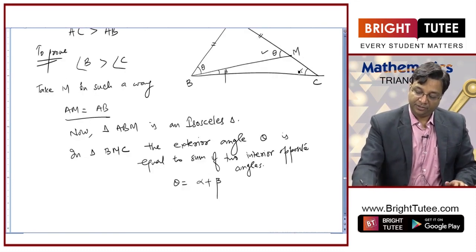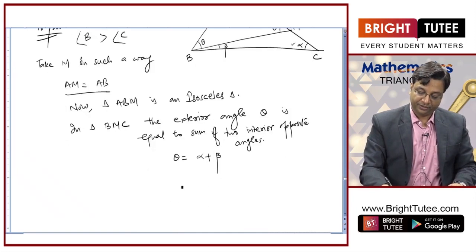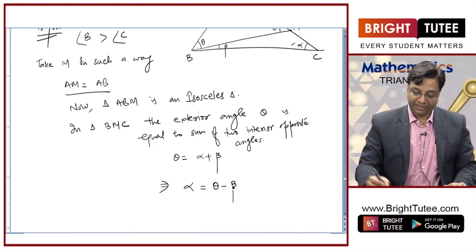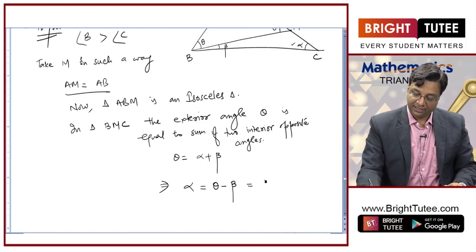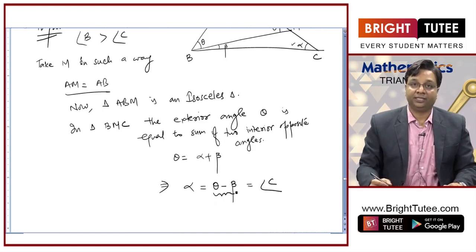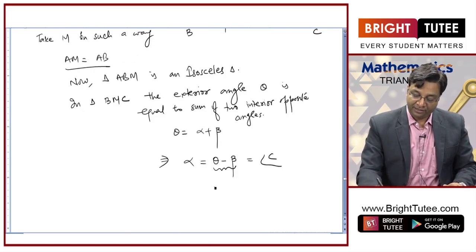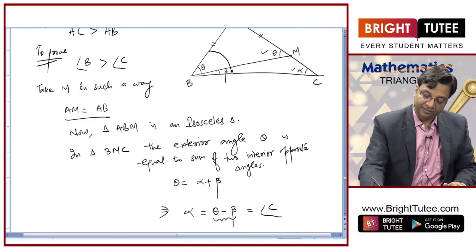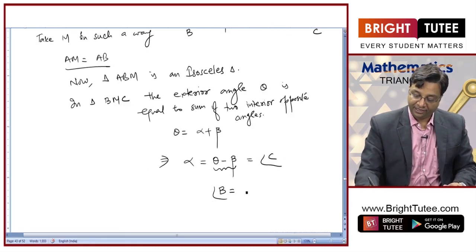Now what can you say about this angle alpha? From this I can say that angle alpha is equal to theta minus beta, right? And what is alpha? It is angle C. So angle C is theta minus beta. And tell me about angle B. Angle B is equal to theta plus beta.